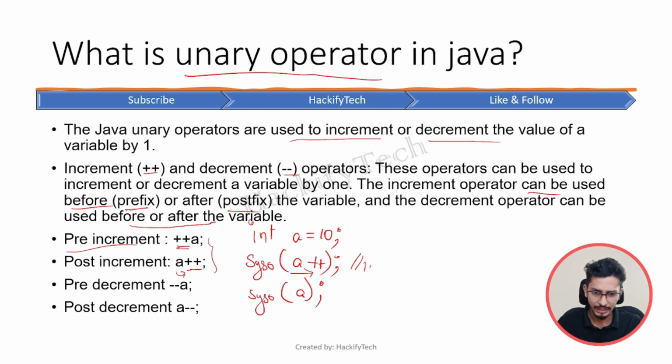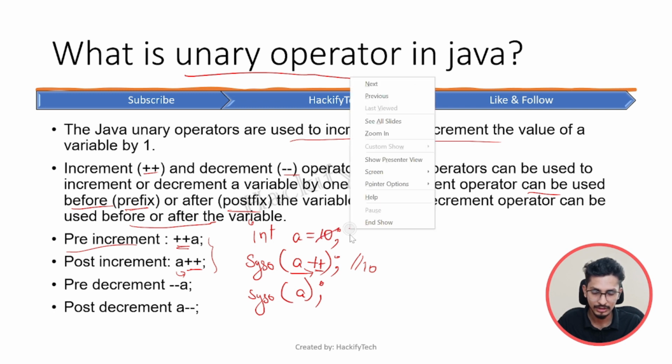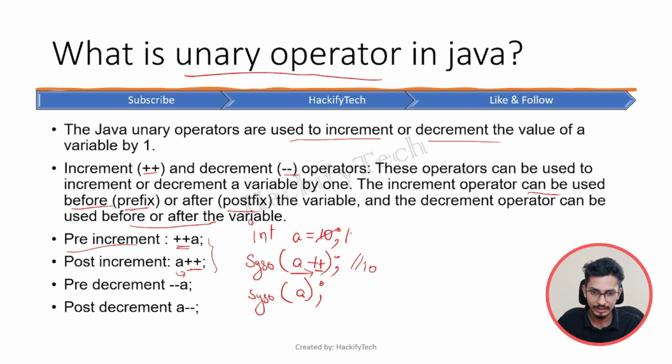Nothing but 10 will be displayed. Next, the plus plus operator increments the value by 1, so 10 plus 1 becomes 11, and 11 is stored in the variable. Now on the next line we print the value of a, which is 11. So I'll get 11 in the output.